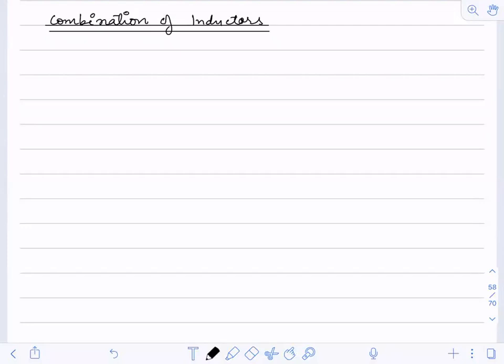Now, see here, in the first case, when we have coils where flux will be in the same direction, how to solve it? So first, series connection.